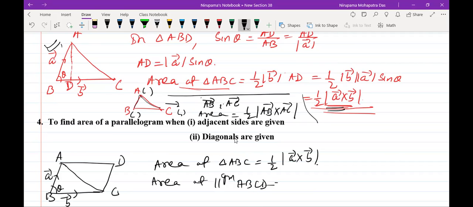So the area of the parallelogram is 2 times the area of triangle ABC, which is the magnitude of A cross B. Is it clear? Very easy.